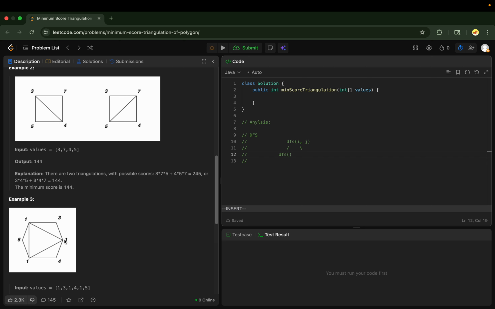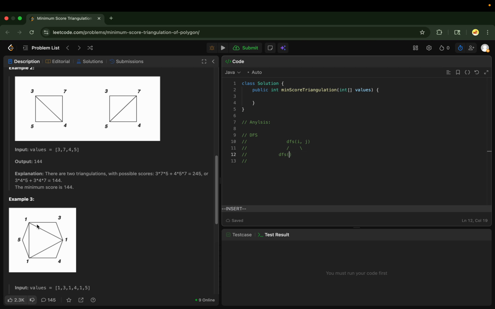It can choose this one or this one. Yeah, we can pick up 1, 3, 4, right? So this is a triangle. And also we can try 1, 2, 4.